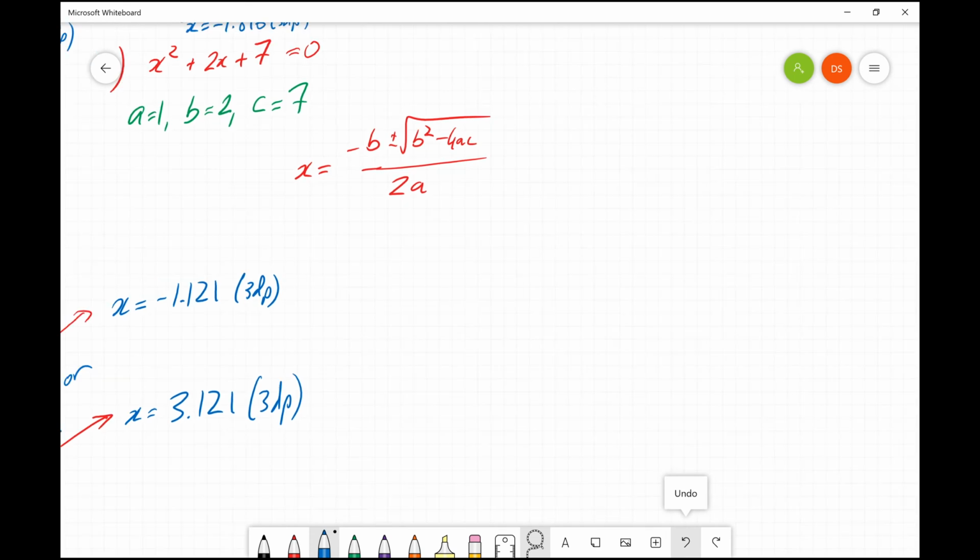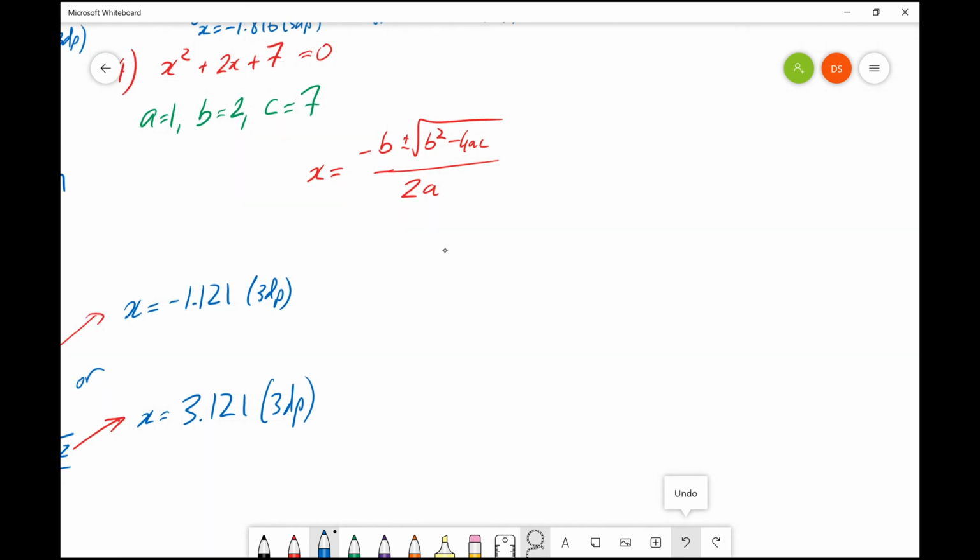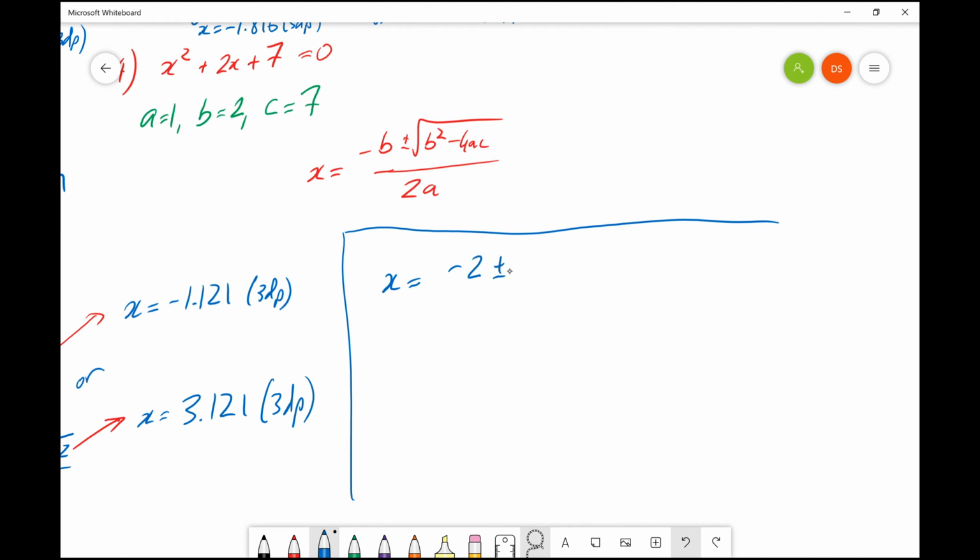I'm going to plug it in. And so, I have x equals negative b plus or minus the square root of b squared, which is 2 squared, minus 4 times a times c, all over 2 times 1.